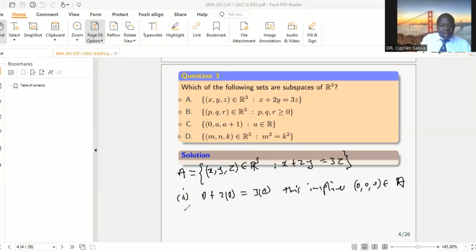Now let's see whether it meets the second condition. We want to see whether it fulfills closure under addition.